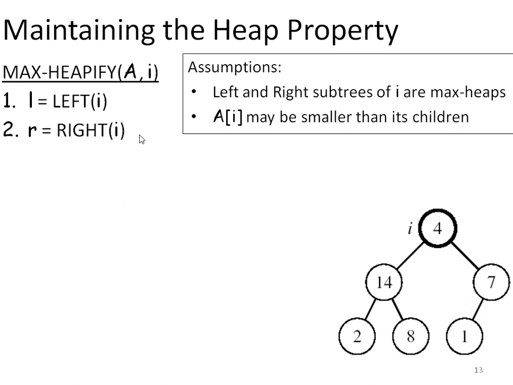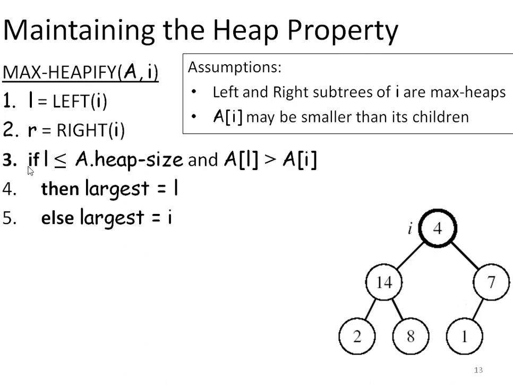Once I have it, I have to compare the three values now. At line number 3, we have written if L is less than or equal to heap size. That means, is the left child actually existing or not? That means, is it a part of the heap or not?